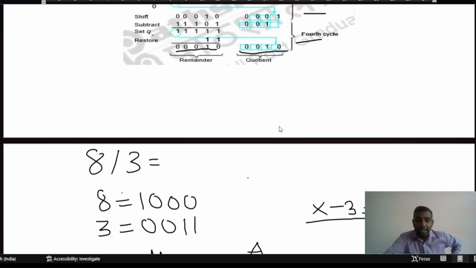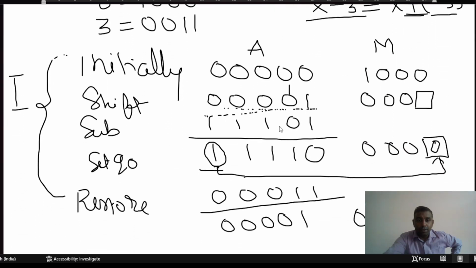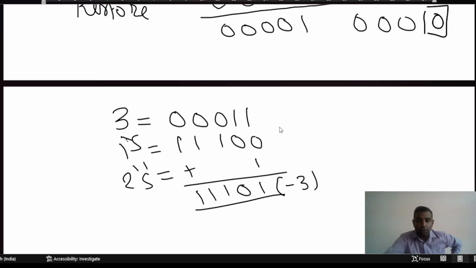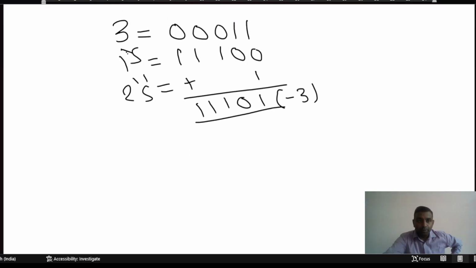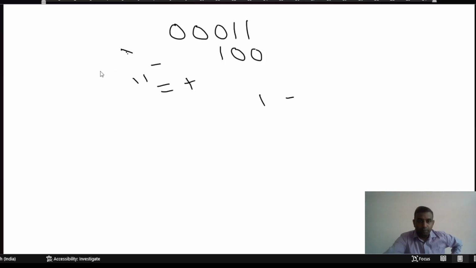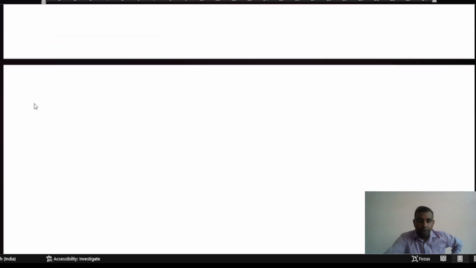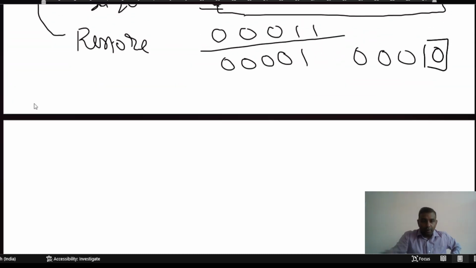Now we will perform the same operations in cycle 2.